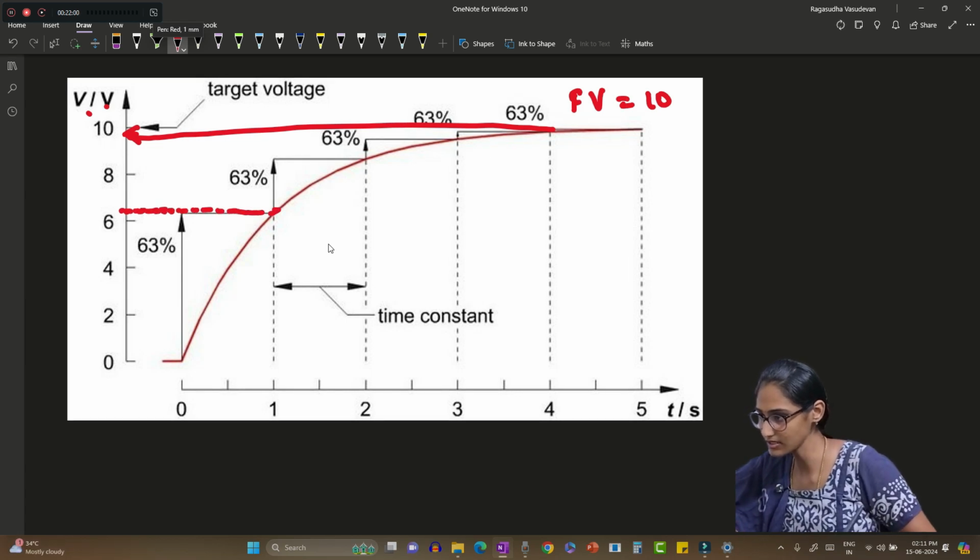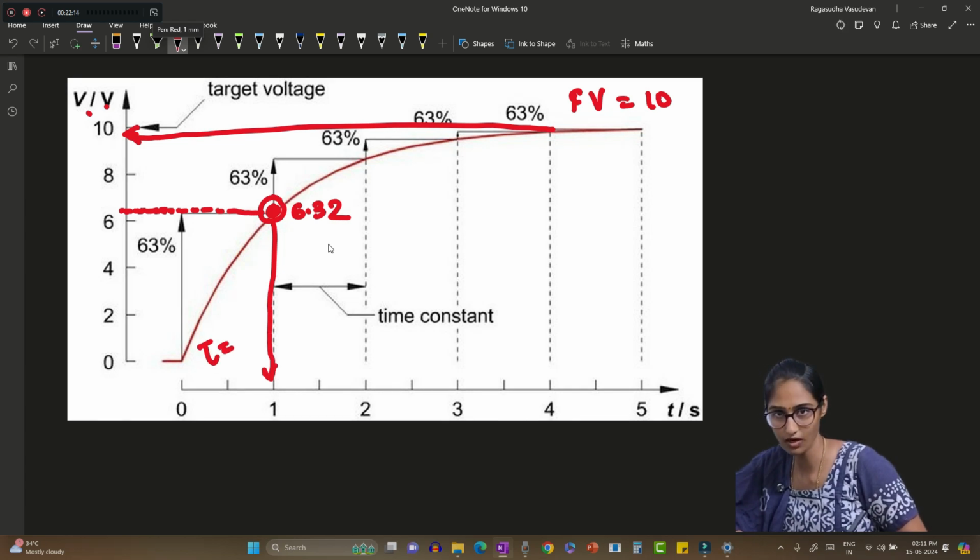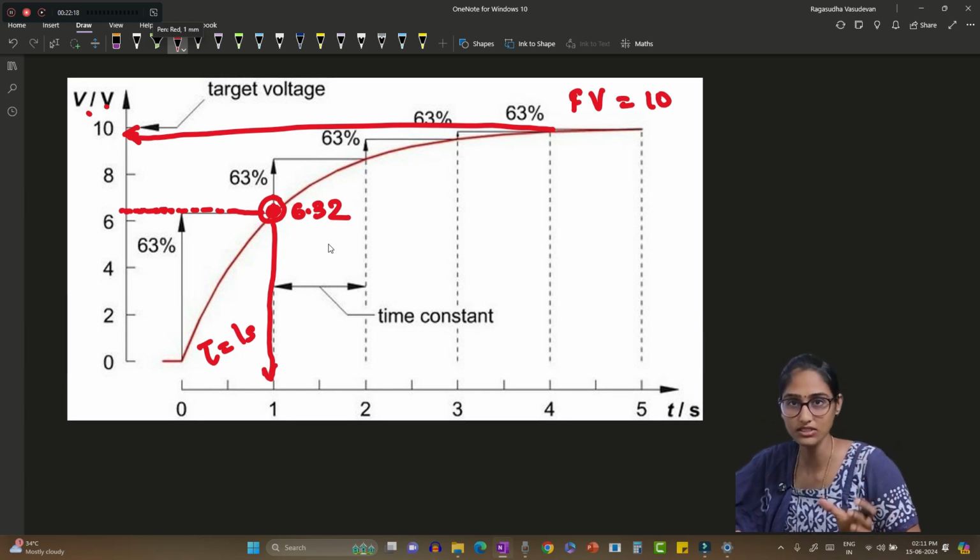It reaches 6.32 at what time? At 1 second. So the time constant of this system, tau, is equal to 1 second, because at 1 second the response reaches 63.2% of the final value.